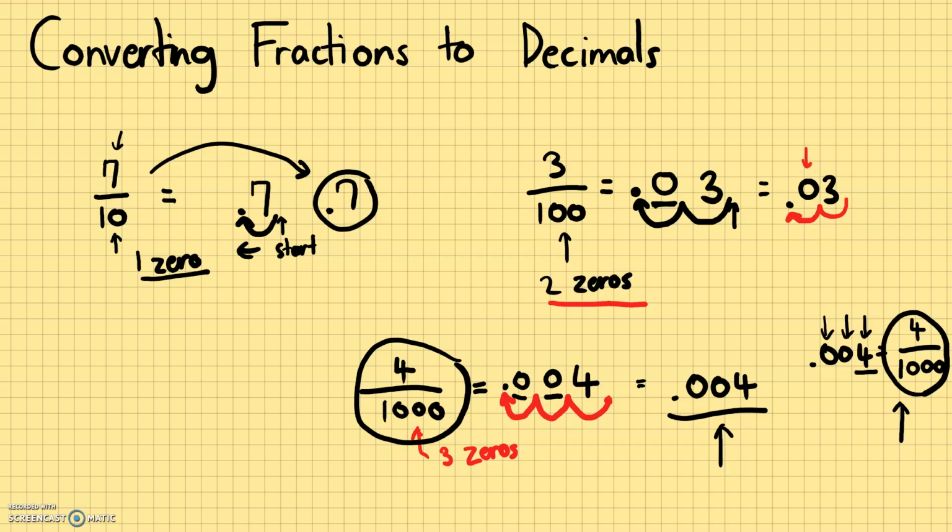Okay, let's try a few more questions. All right, let's try and convert 13 out of 1,000. How would that change to a decimal? Again, just write the numerator.